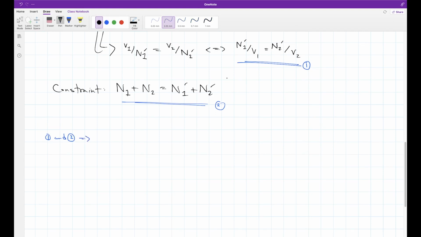we can use, for instance, substitution. So let's take this equation and say that either side is equal to N total. Then let's substitute for N2 prime so that N2 prime becomes N total minus N1 prime. That would give us that N1 prime over V1, and I'm being a little bit cavalier here, is equal to N total minus N1 prime over V2.